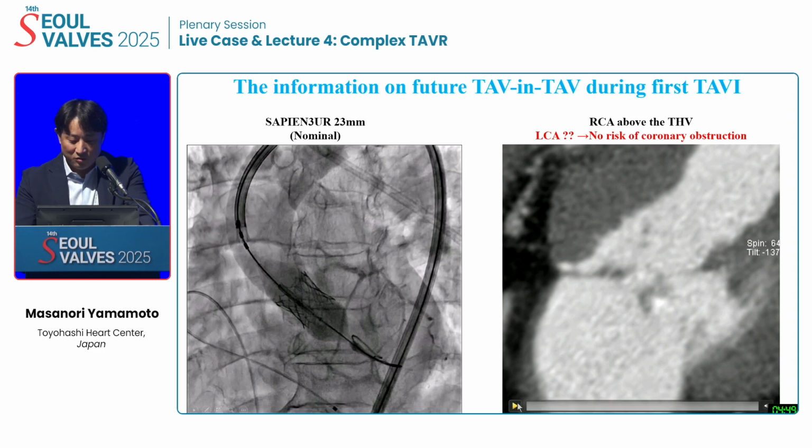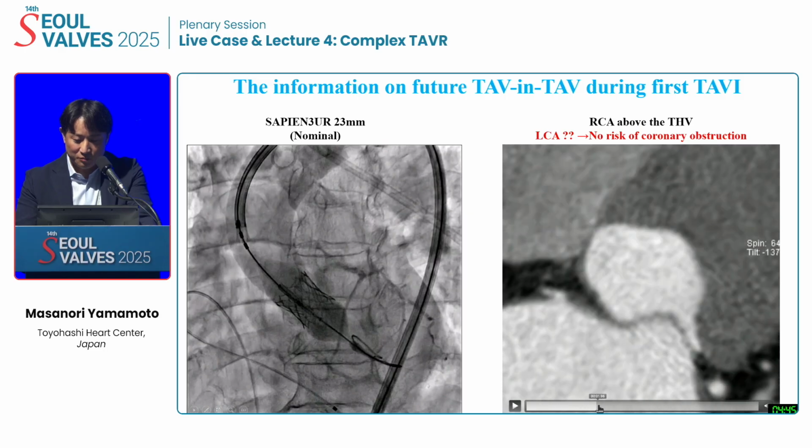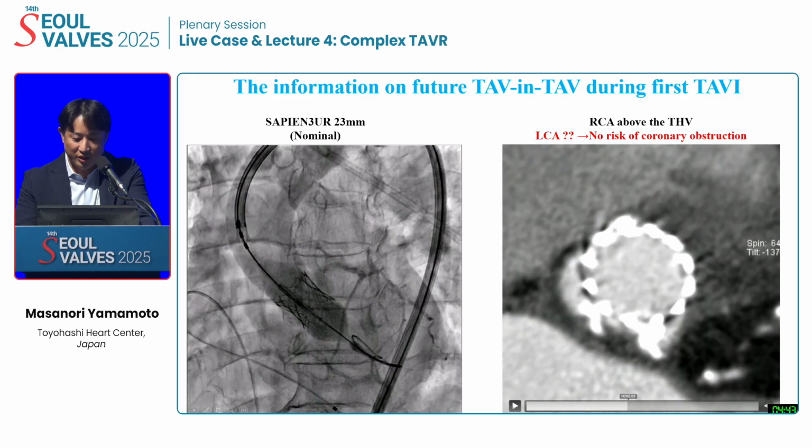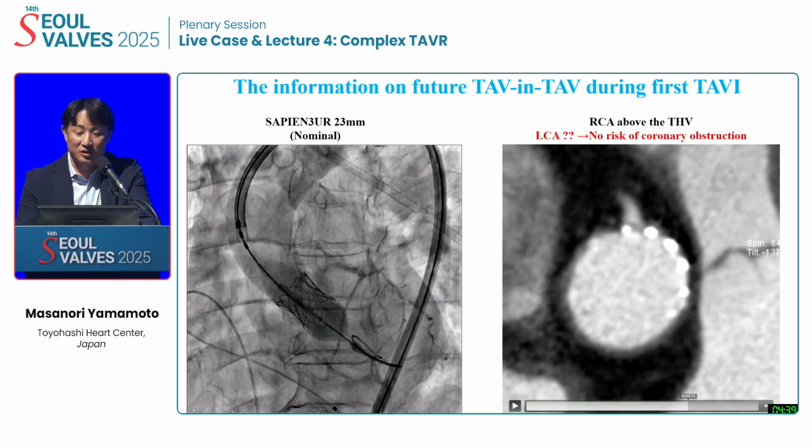We also check the post-procedure CT scanning, which clearly reveals the position of the RCA is beyond the THV. So for the future TAVR procedure for this patient, there is no coronary obstruction and no sinus sequestration risk.